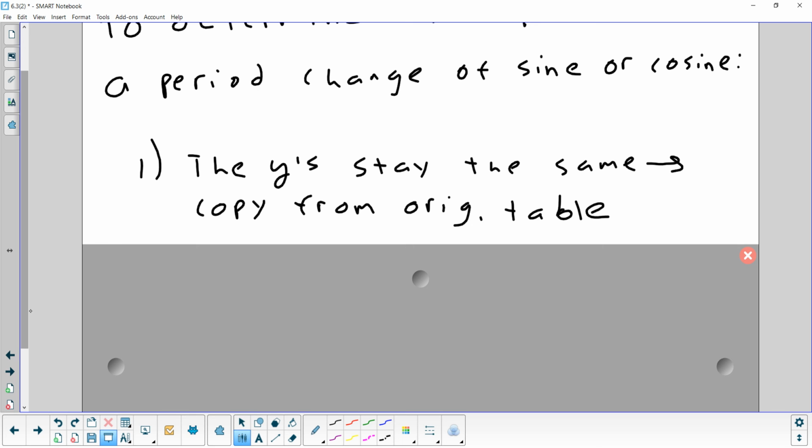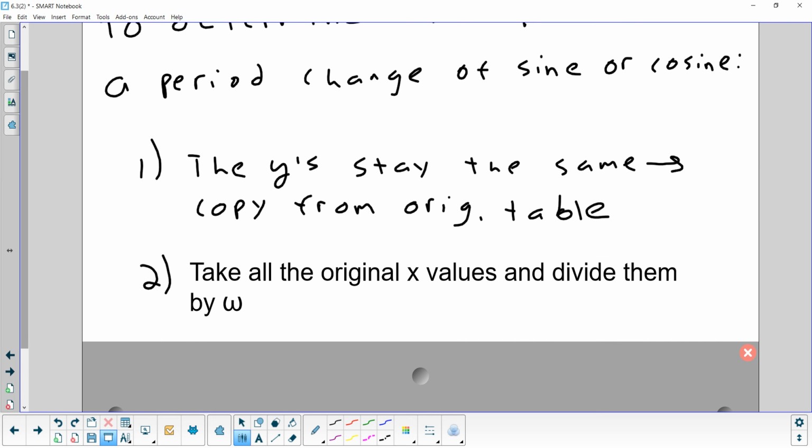Now there's different ways to find the x's. I'm going to show you one particular way. And the way that I'm going to show you is to take all the original x values and divide them by b. Okay, that's what you're scaling them by.